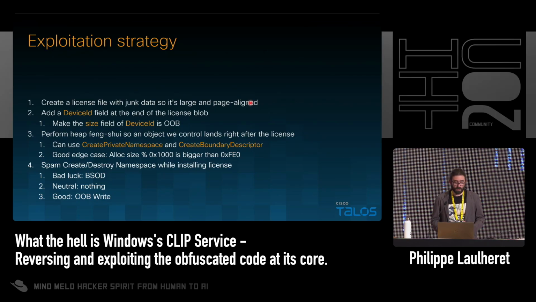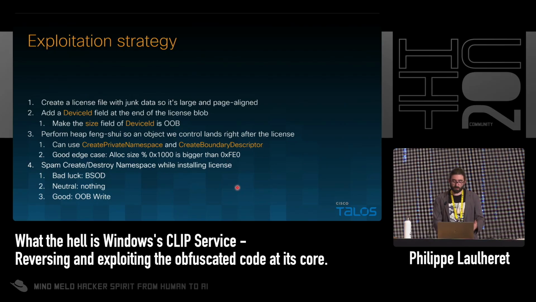I tried with these 2 functions, which give some results. And apparently the good edge case is if the size you allocate has that property, so if the size modulo 10,000 is that, there would be no headers, and so you get a raw blob of data, so it's more convenient than other ways.